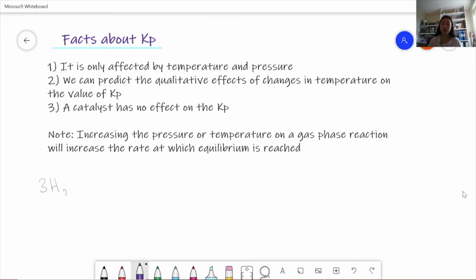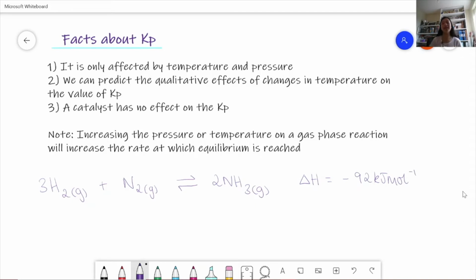So, explaining in more detail, for number one, for example, if we had the Haber process, so we've got 3 hydrogens, and that's added with a nitrogen to form 2 ammonias. This is an exothermic reaction, so it has a negative enthalpy change of minus 92 kilojoules per mole.